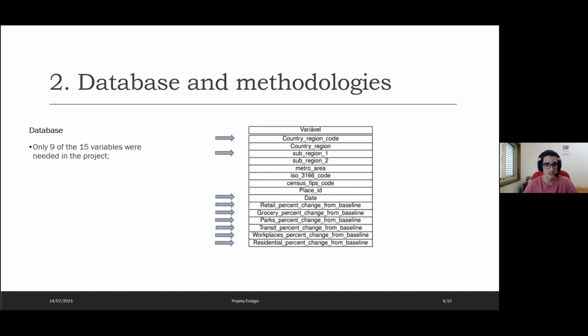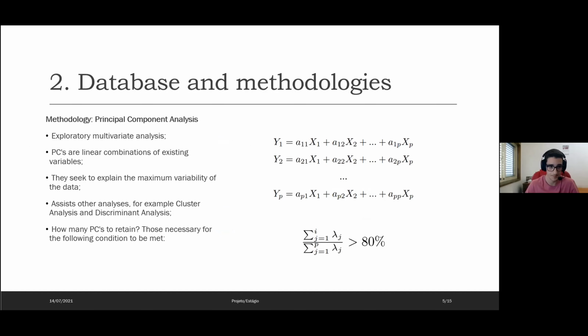The next one was date, which shows the day of the observation. And the last 6 are the mobility in different sectors. These last 6 variables are in reference to a baseline, which is the median value for the corresponding day of the week in the 5-week period from January 3rd to February 6th, 2020.